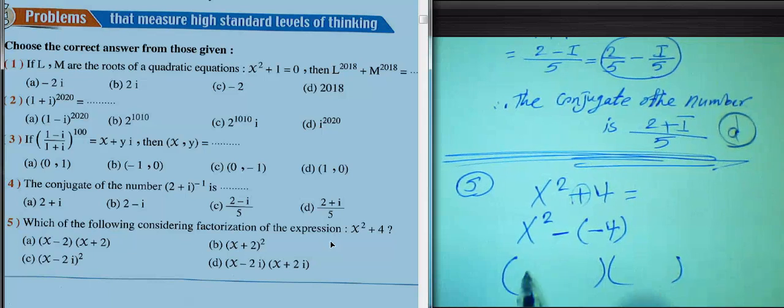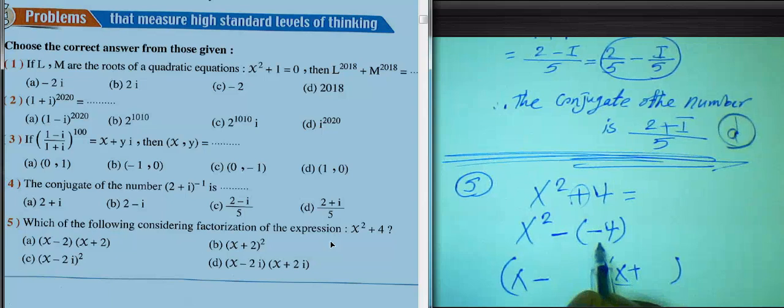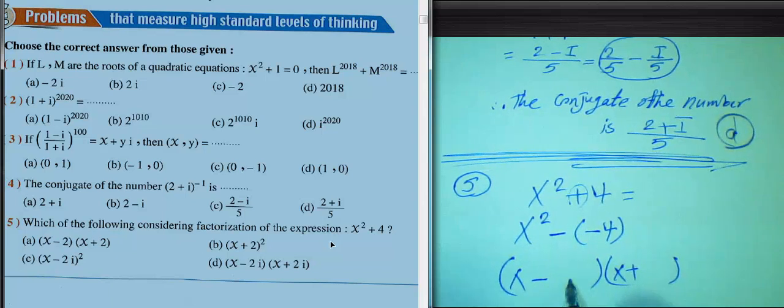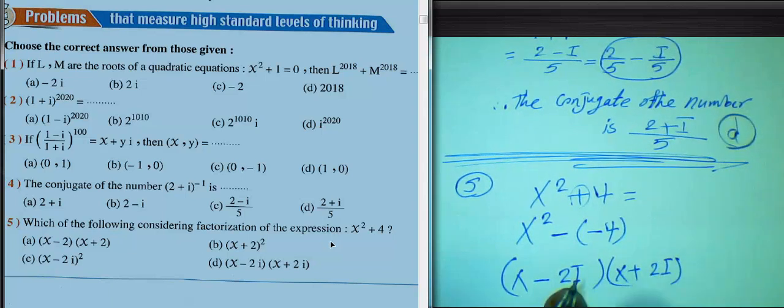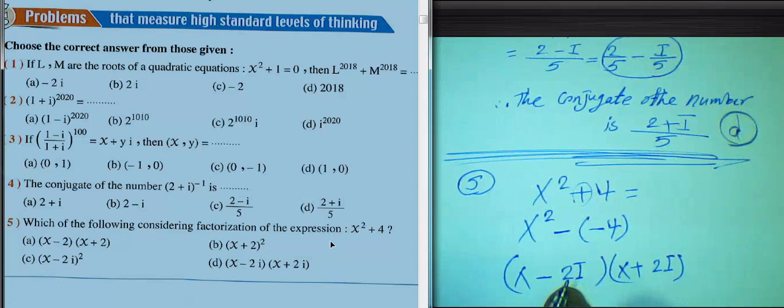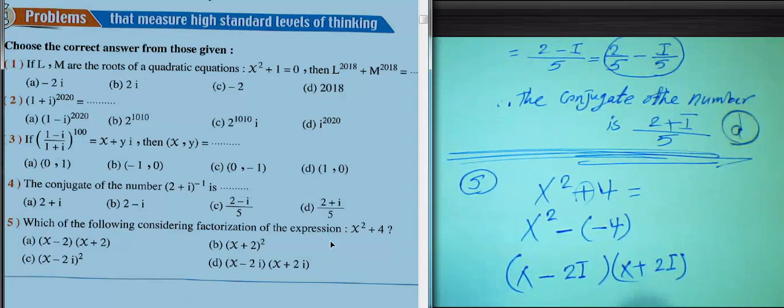How? Look at with me, x and x, negative and positive. Negative 4, we can write it 2 and 2, i and i, because i times i equal i power 2, i power 2 equal negative 1.